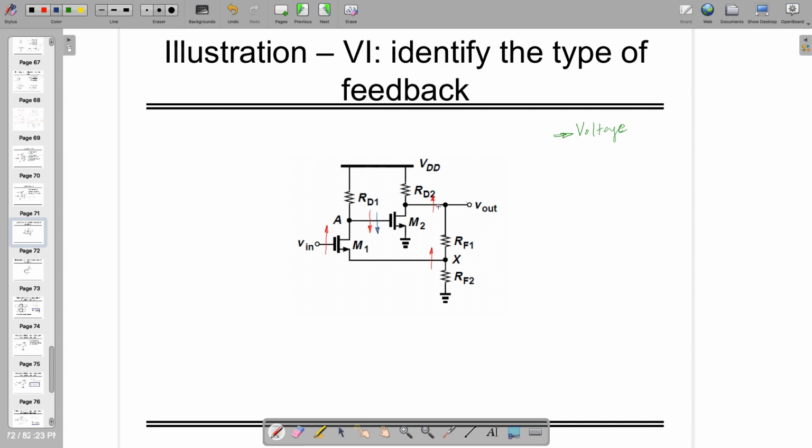If this is decreasing, this has to increase. This is increasing means this is increasing. So here you can see that the loop which is kept here is not a negative feedback, but it becomes a positive feedback loop. Such a loop is going to give you an oscillatory output at some point of time, and it's not so useful, but you need to make it negative feedback, or you can find the same thing from another point where it becomes negative.